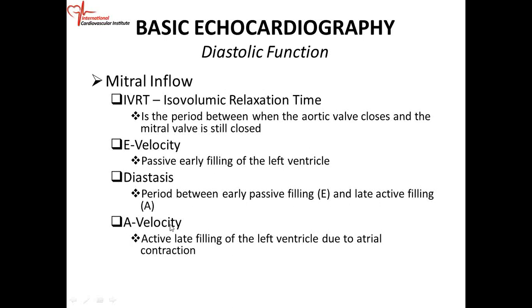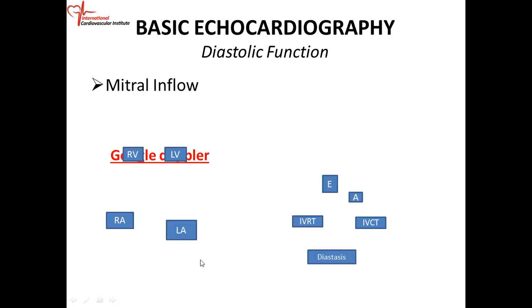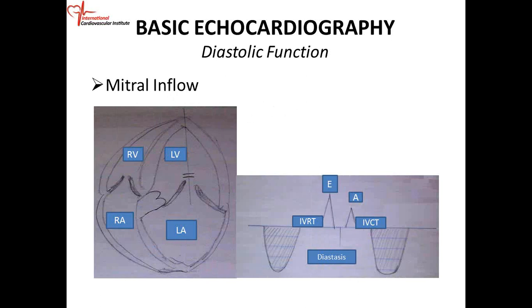And then the A velocity, which is the active late filling of the left ventricle due to atrial contraction. And so if this is the heart on the left side, mitral valve, your sample volume should be at the tip of the mitral leaflet, looking at blood flowing into the left ventricle.